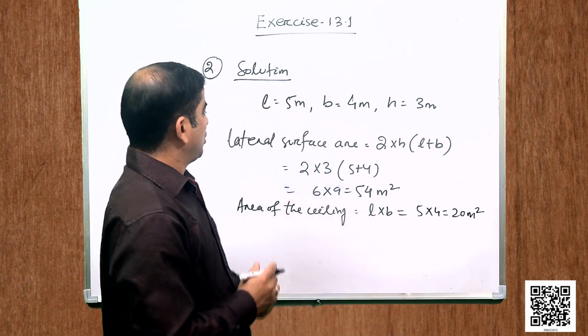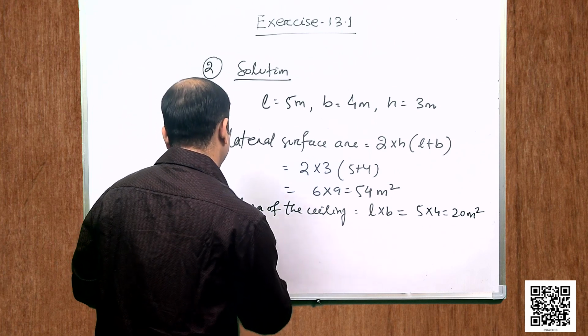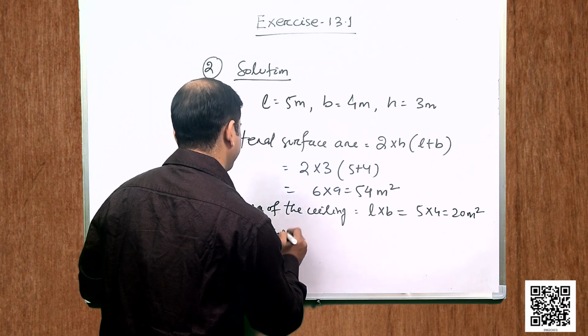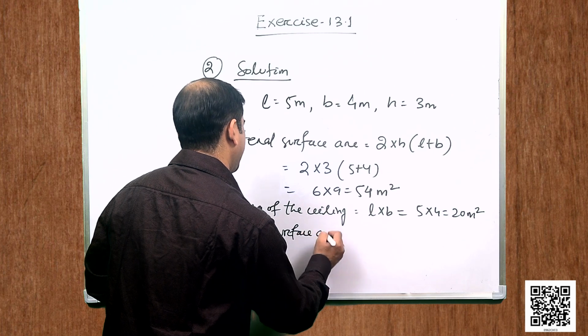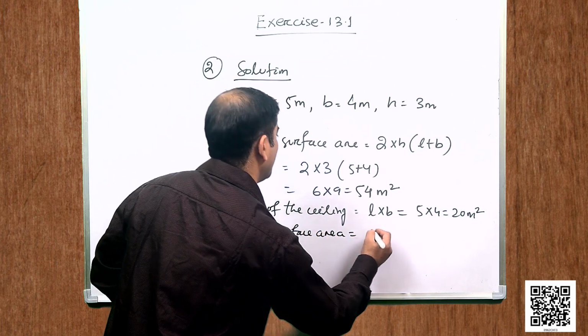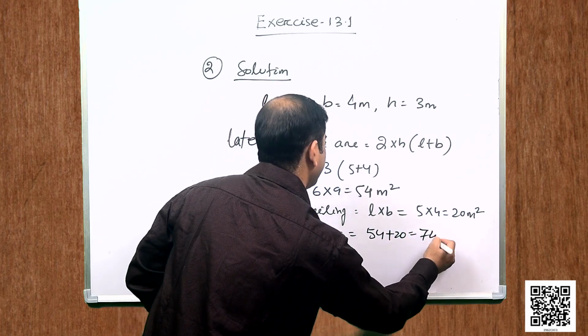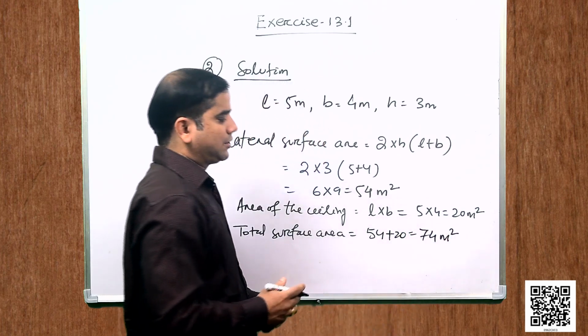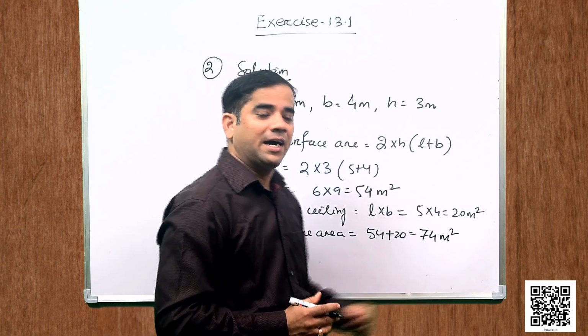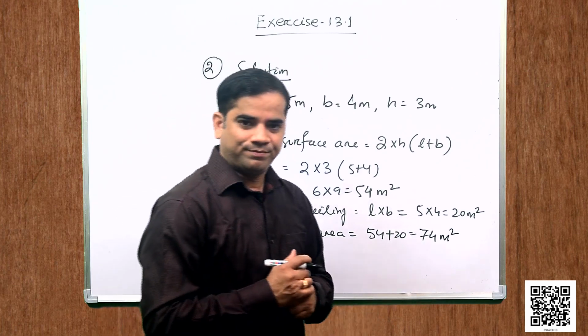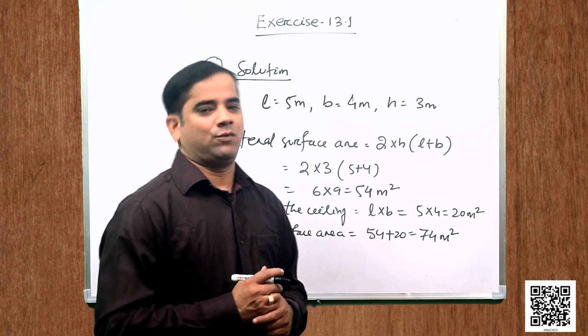Okay, so the total surface area is equal to 54 plus 20, that is 74 meter square. So this is the surface area of the room which is to be whitewashed.